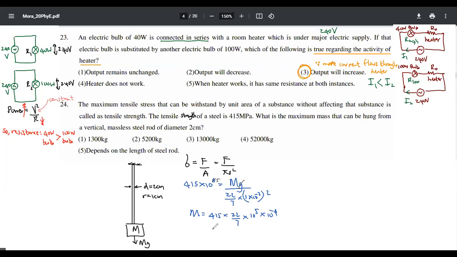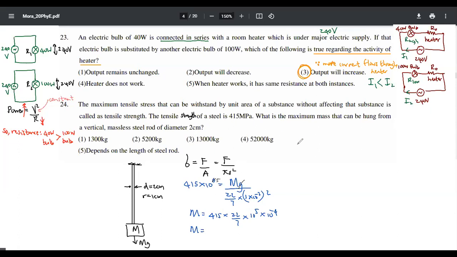Did you multiply this? What is the answer you're getting? Anyone multiply this? Guys, this is very easy. No one did this. Okay. No need, you don't have to do that.